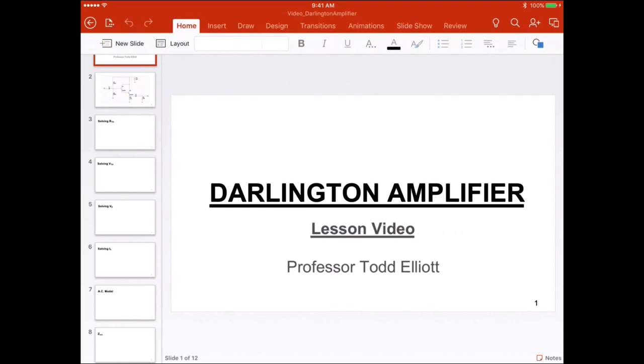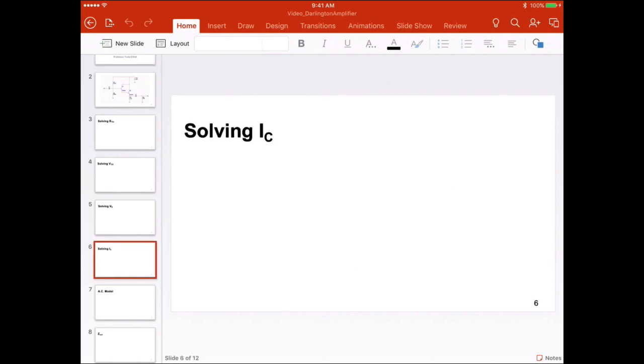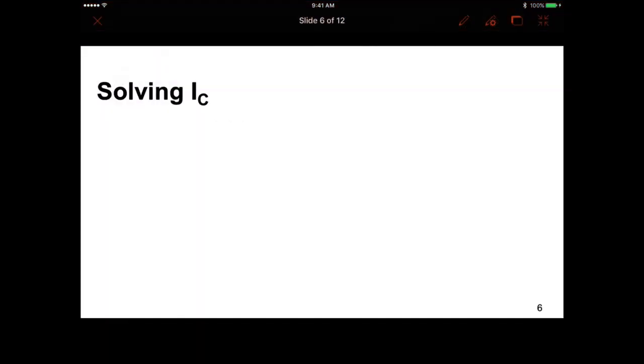And we were on IC, right? All right, sorry, we have to pick up where we left off. So IC again was equal to IE, so it equals VE divided by RE.